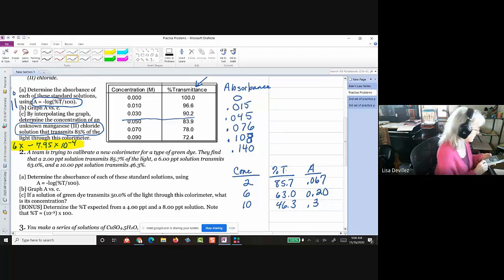Hang on, I did something wrong. Let's do that again. Negative log of 0.63 is 0.2, and the negative log of 0.463 is 0.33. Okay. All right.